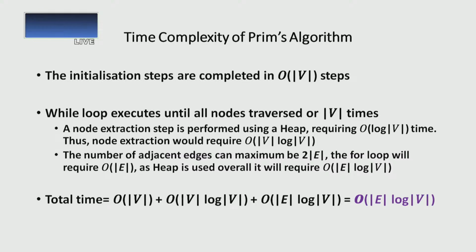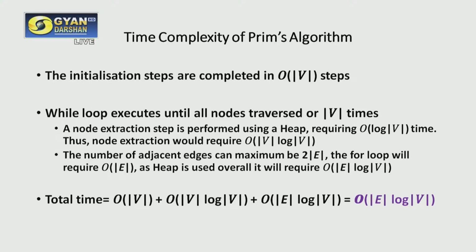The initialization steps are completed in order of |V| steps, where V is the number of vertices, while the loop executes until all nodes are traversed, or it will be executed |V| times. If it has 10 vertices, the outer loop will be executed 10 times.